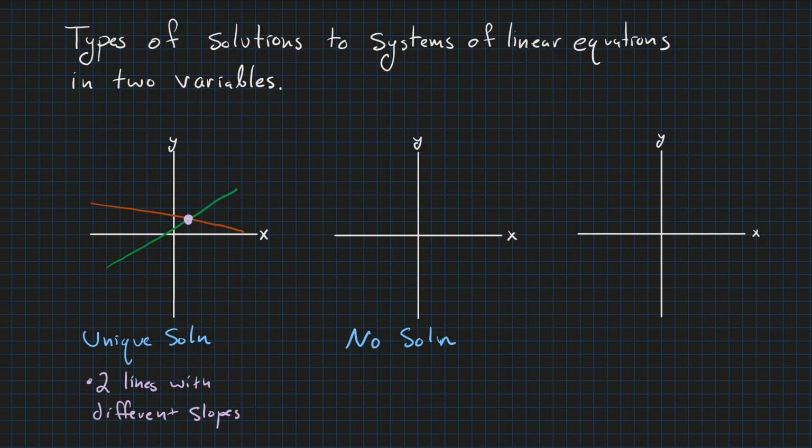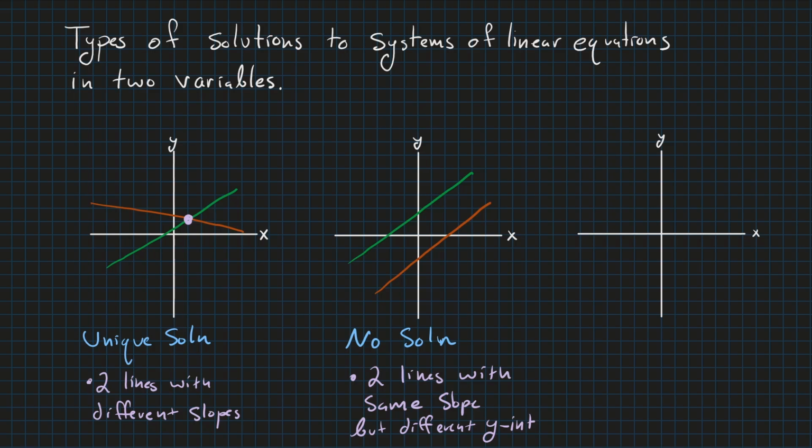The no solution case can look like this, where you have a line like that in green and a line like this in orange. The feature here is that you have two lines with the same slope but different intercepts.